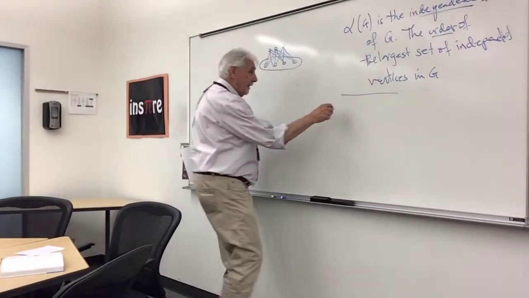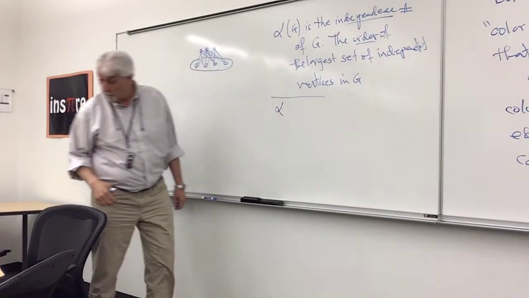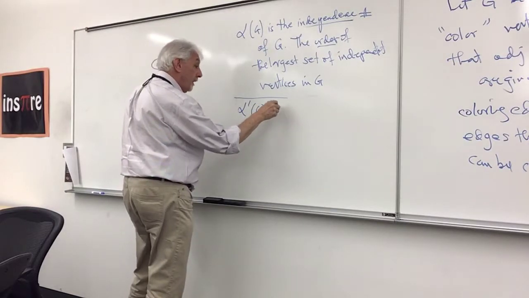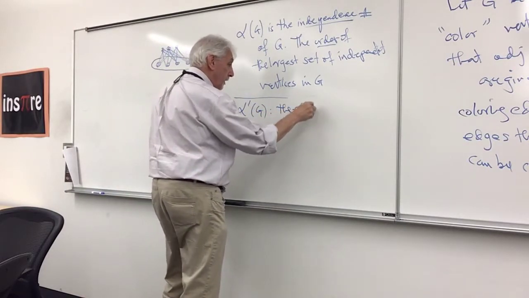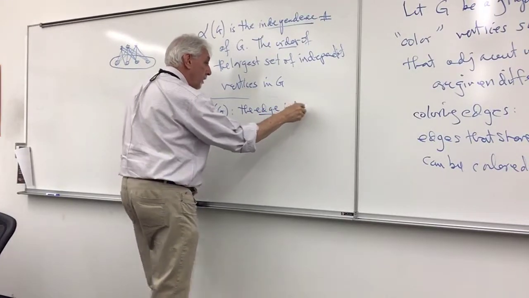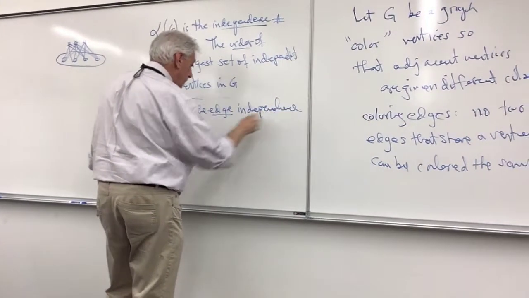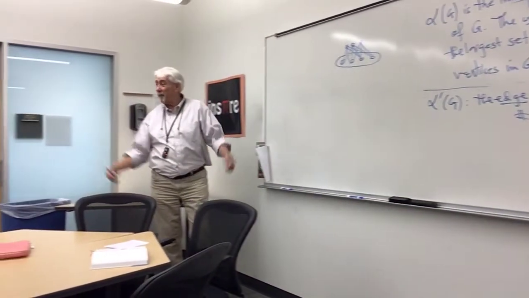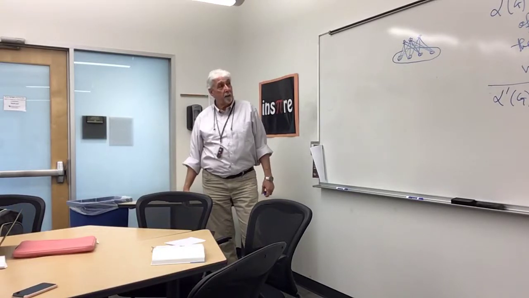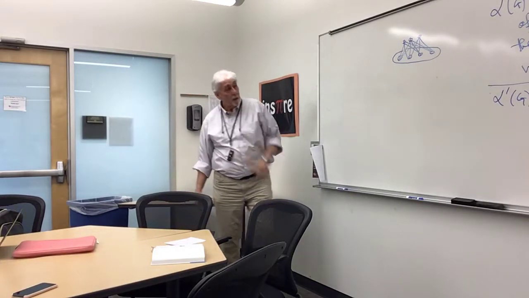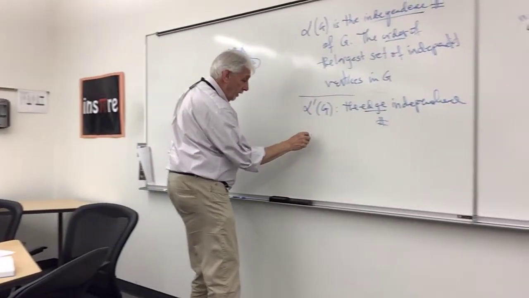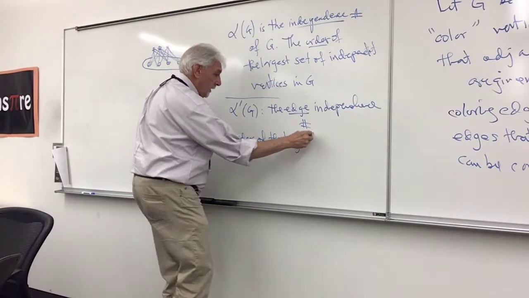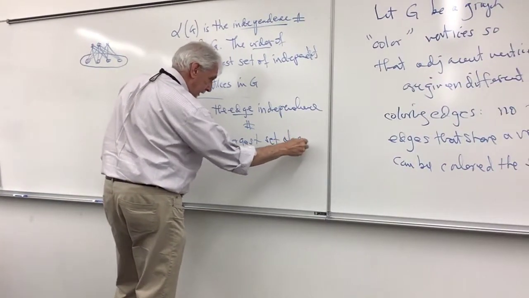I call alpha prime of G the edge independence number. What do you think? They don't share a vertex. They can't share a vertex. Okay, so the edge independence number is the order of the largest set of edges.